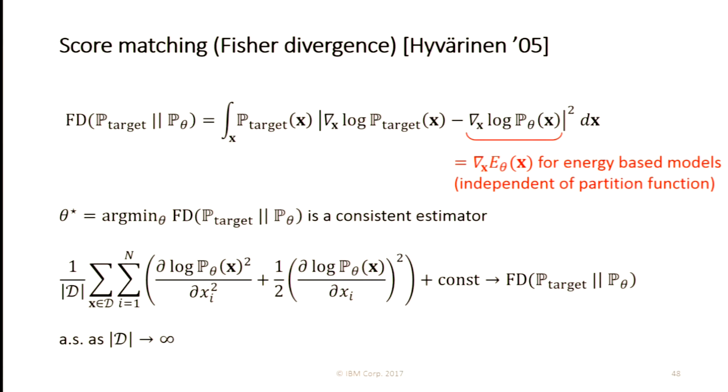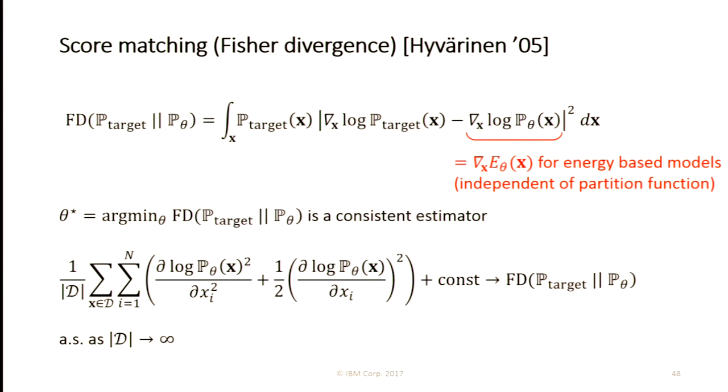Your probability has an exponential of negative energy divided by your partition function, but this partition function is independent of x. So if you take the derivative, you get this only from the numerator of your probability expression. So you don't need to compute a partition function, so it can be very computationally efficient.